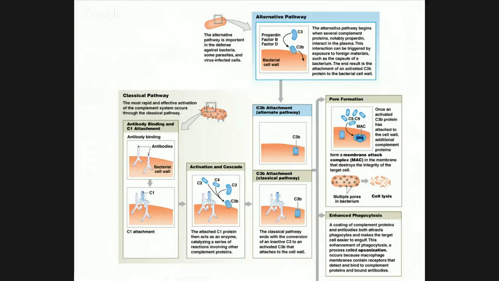So the actual non-specific or strictly innate aspect of complement is found starting with the alternative pathway, which really just means complement that doesn't require the specific marking of an antibody. It starts with complement protein 3, or C3, which gets broken down into two pieces.